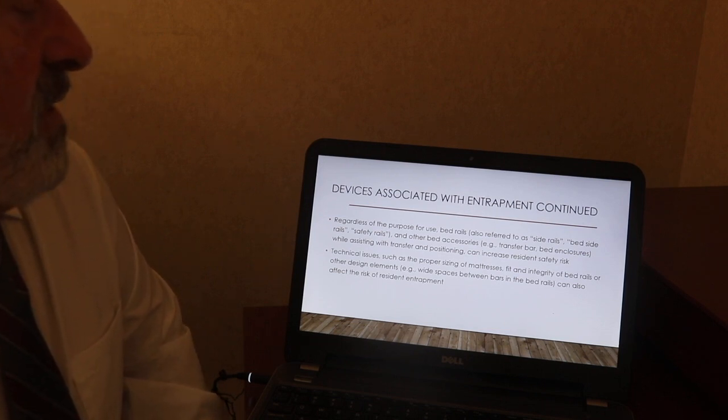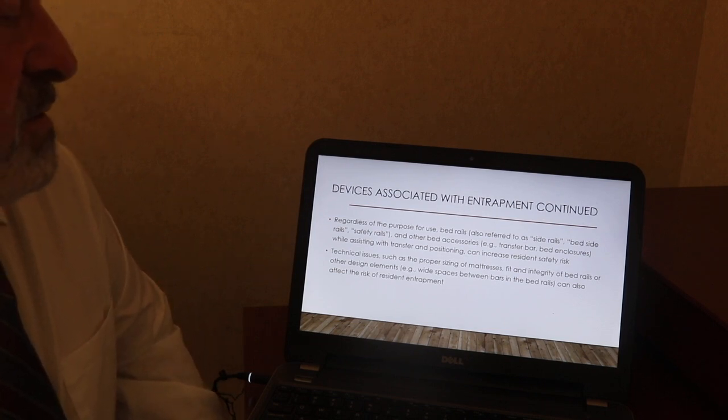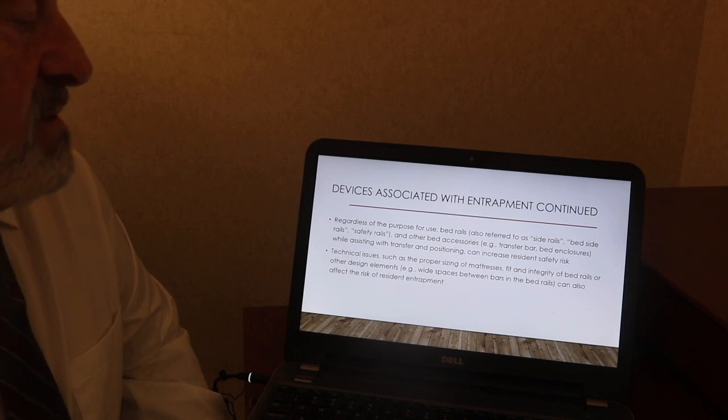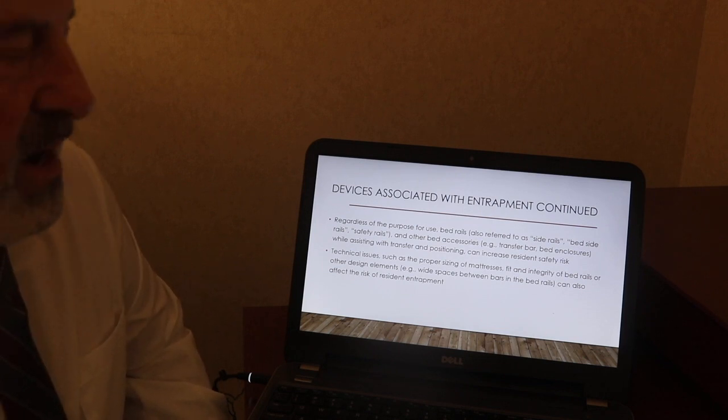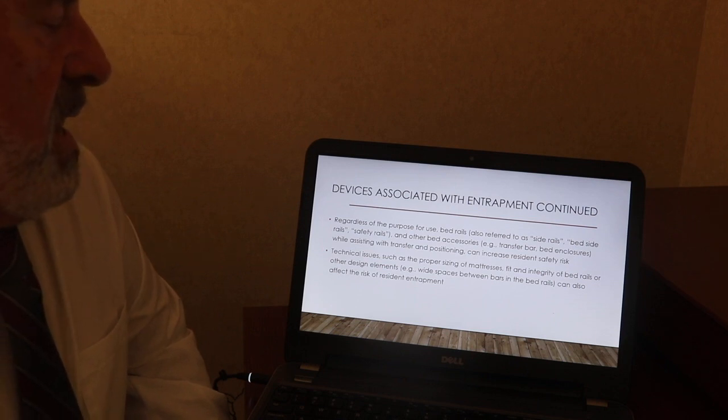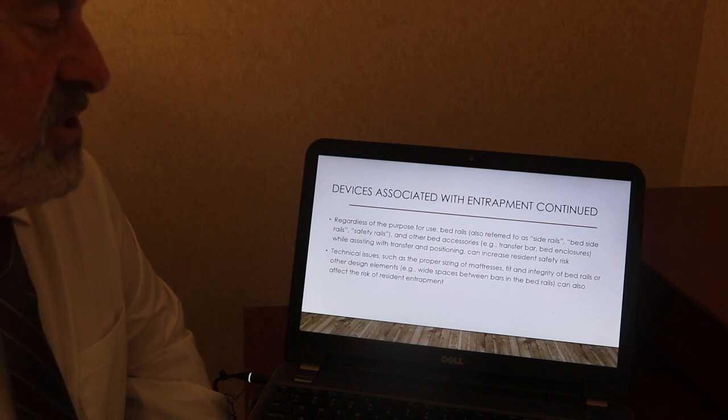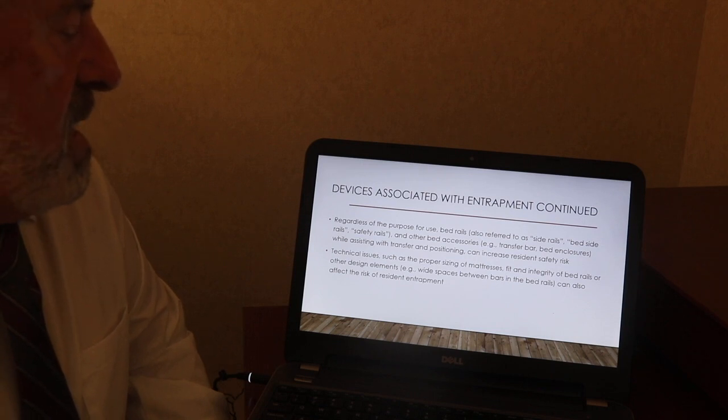Regardless of the purpose for use, bed rails, also referred to as side rails, bedside rails, safety rails, assistive rails, as some places call them, and other bed accessories, transfer bar, bed enclosures, while assisting with transfer and positioning, can increase the resident's safety risk.